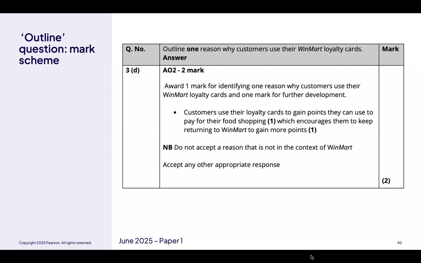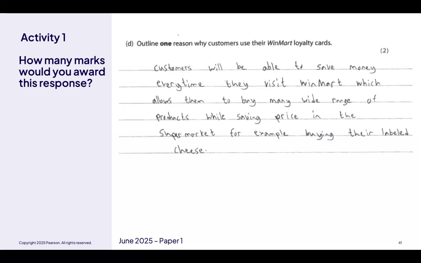Shall we have a look at a student response again from this summer? So this training reflects this summer's exam papers. Can I be quiet for a moment and let you have a read of that one and have a think about how many marks you would award?